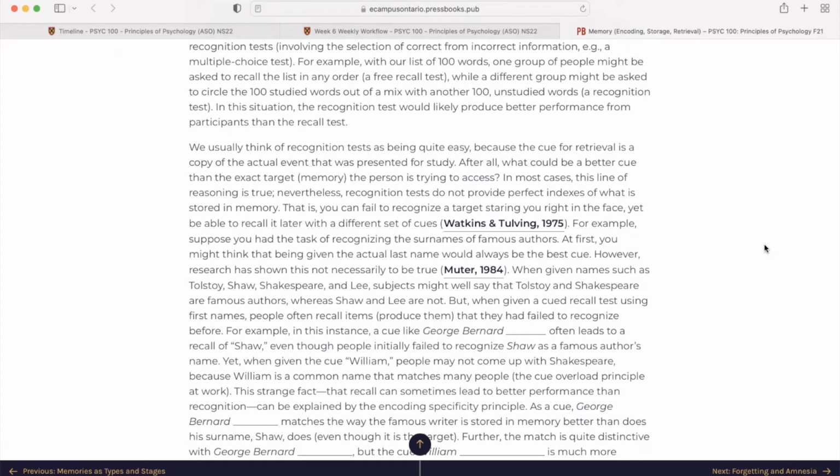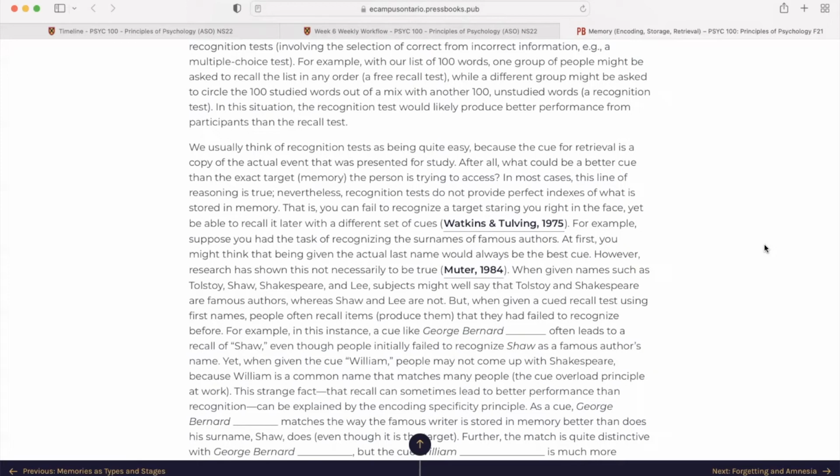For example, suppose you have the task of recognizing the surnames of famous authors. At first, you might think that being given the actual last name would always be the best cue. However, research has shown that this is not necessarily true. When given names such as Tolstoy, Shaw, Shakespeare, and Lee, subjects might well say that Tolstoy and Shakespeare are famous authors, whereas Shaw and Lee are not.